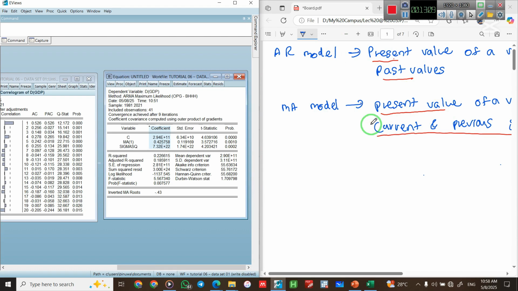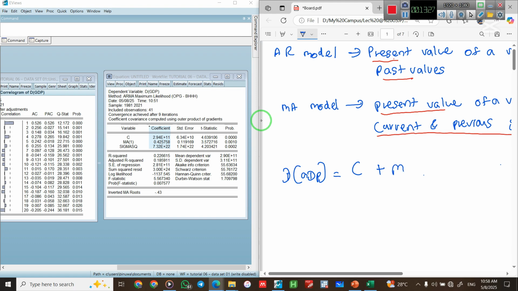So if we are going to estimate the equation or prepare the function for the DGDP in this MA model, we can write it as DGDP is equal to C plus MA1, right?